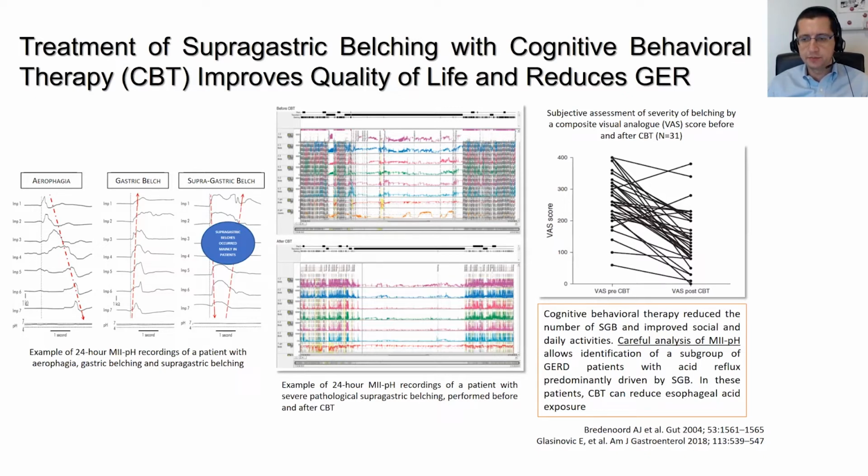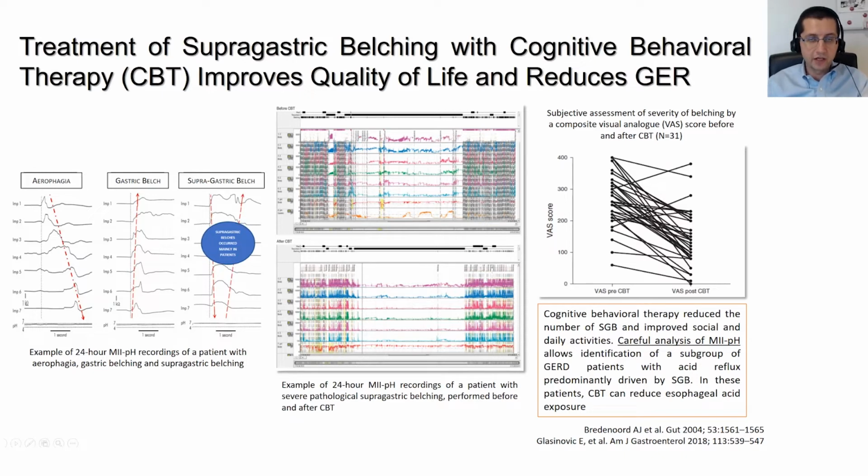In this study published 2 years ago by the London group of Daniel Sifrim, we see how patients who underwent CBT after 3 months had a better quality of life and a marked reduction of supragastric belching in the analysis of impedance pH testing.